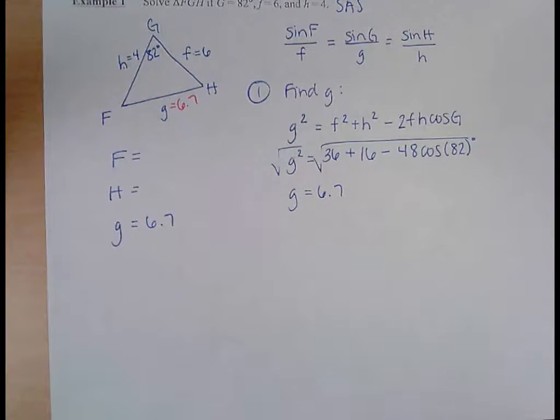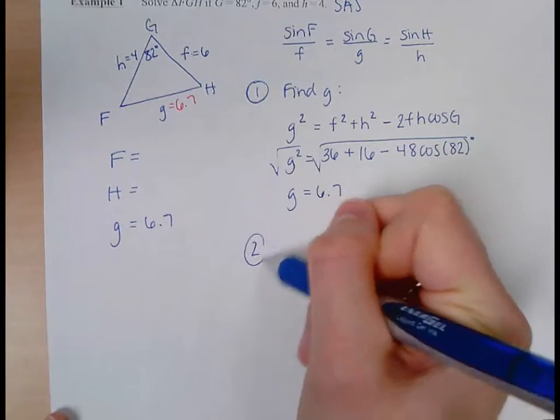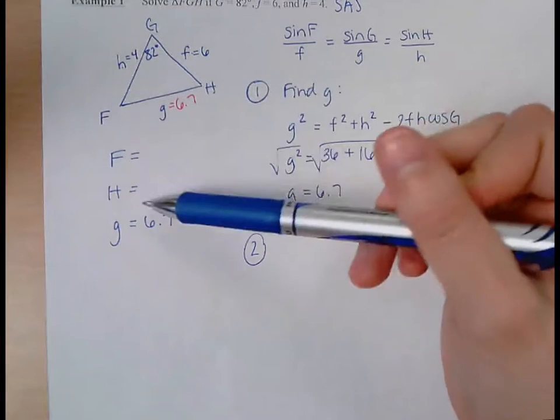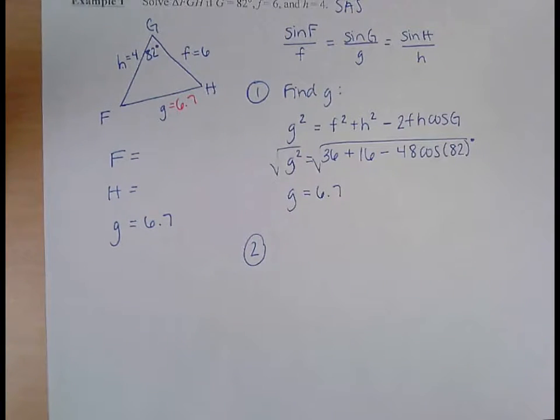Whenever you have to use law of cosines, I still have two angles to find. I could use law of cosines again to find one of those angles, but I will say this: whenever you have to use law of cosines, you should only have to use it once. You should only have to use it in the first step.